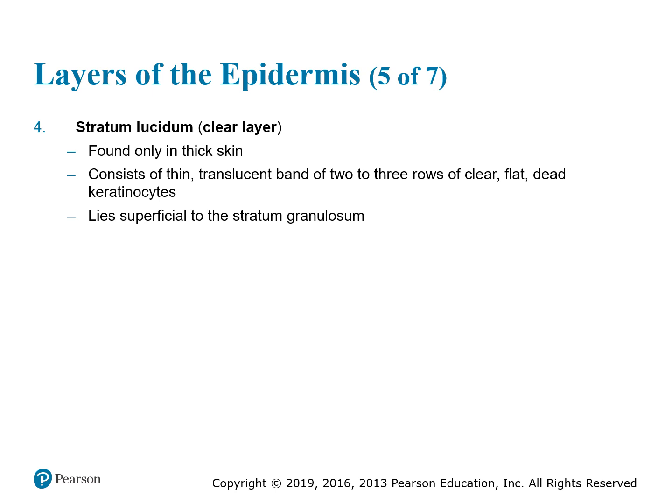So the stratum lucidum, being clear, when you look at this, it's only found in the thick skin, and it's going to make this translucent band of clear, flat, dead keratinocytes. And so in the thick skin, this is superficial to the stratum granulosum, but in the thin skin, this is absent completely.